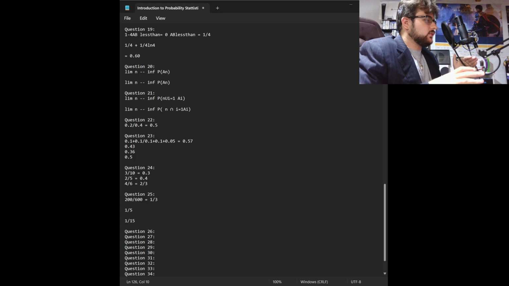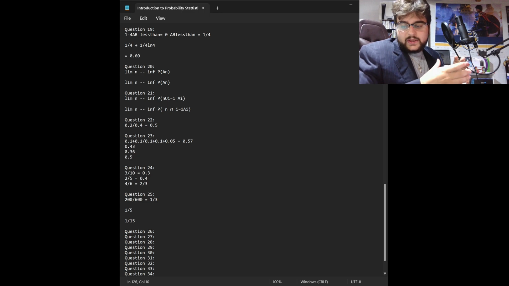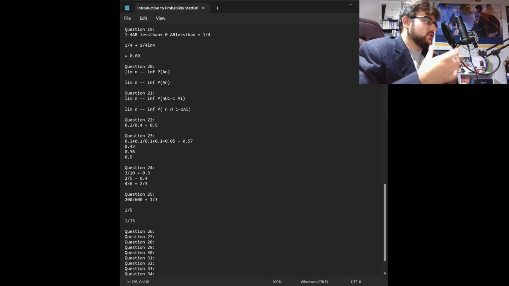I explained it the right way. I just read it wrong. The right way is still 2 and 5 gives you 2 over 5, and 2 given 5 is 3 over 10, and 3 given 4 is still 4 over 6 equals 2 over 3. My bad.